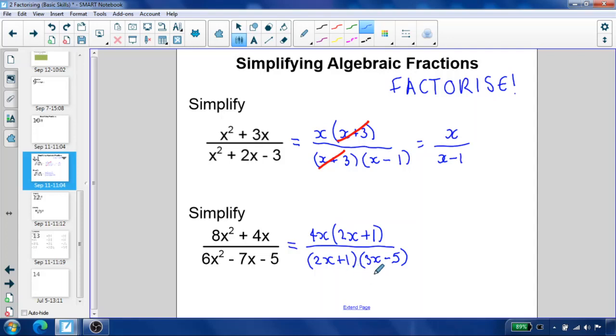So minus 10x, add 3x will give us minus 7x. Let's have a look at what we can cancel. We've got 2x plus 1 and 2x plus 1 there. So we're just left with 4x over 3x minus 5.